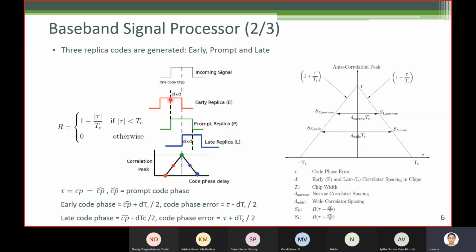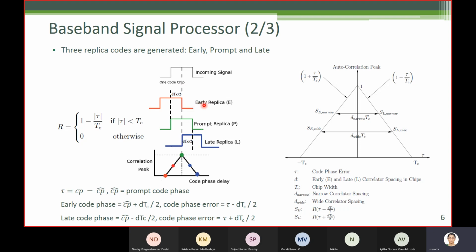So in case of early, since it is shifted ahead, the midpoint has already passed. For the early at the current point, this point is there. Whereas for late, the midpoint is yet to come because the late is shifted behind the prompt. So it is yet to come for late.